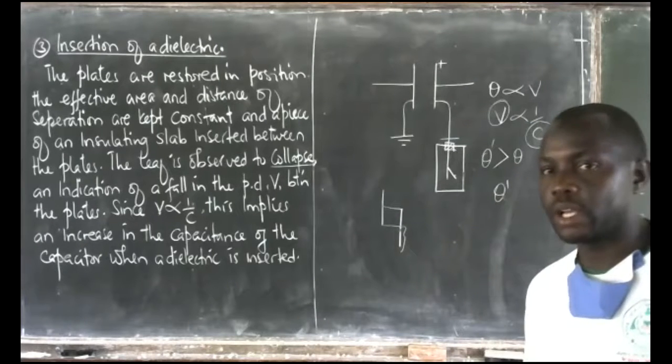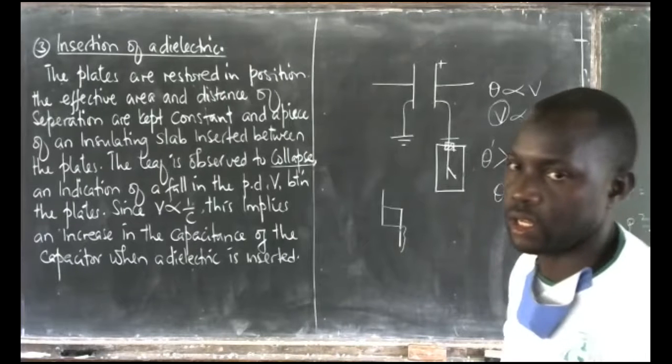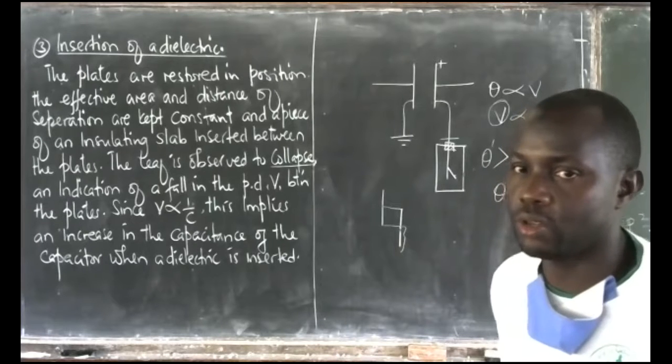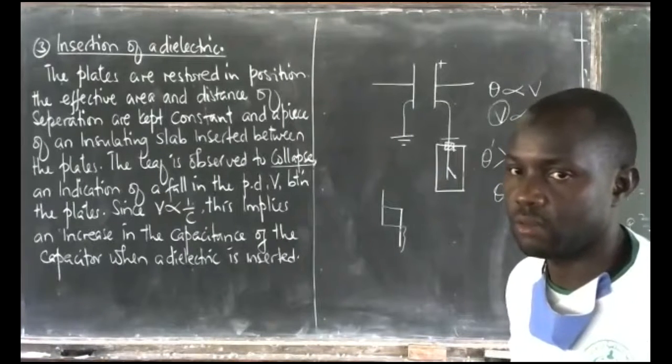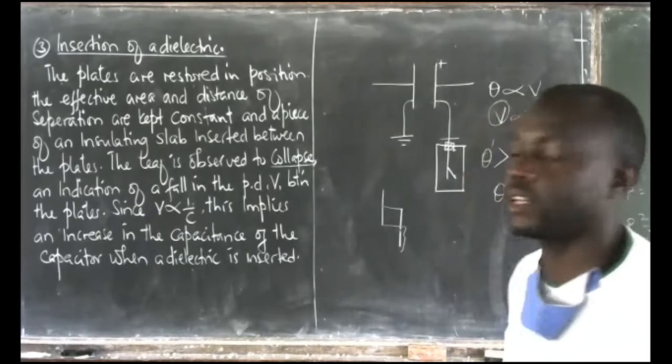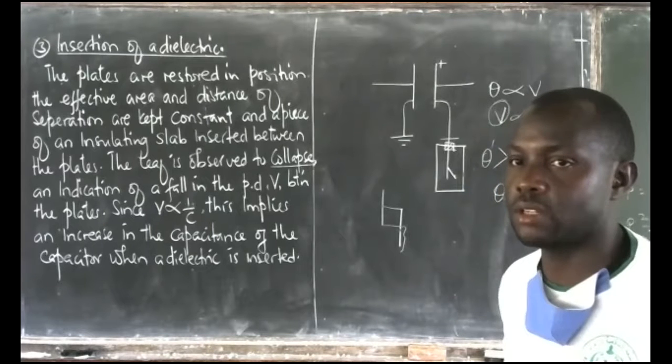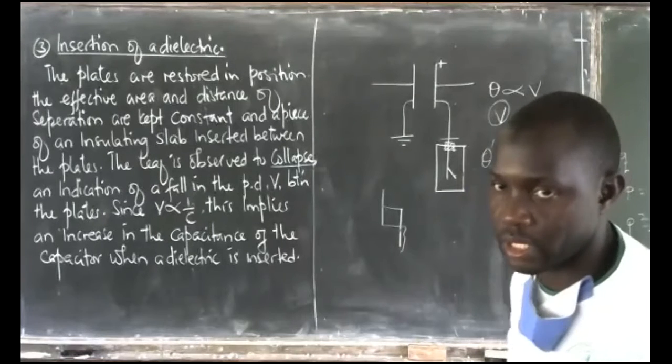The conclusion is that when we reduce the effective area, the capacitance also reduces. Conversely, if we increase the effective area, we shall be increasing the capacitance of the capacitor. I hope that is enough.